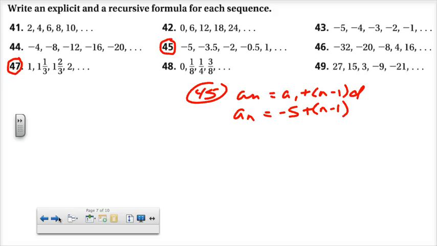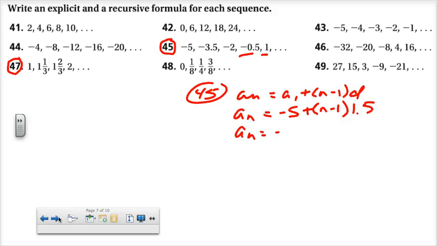So we have a -5 and it became a -3.5. So that would mean that they're going to be adding 1.5. So that is my common difference. And I can see that that would work between any of these terms. Probably the easiest math would be on those two. And say 1 minus a -0.5 is 1.5.